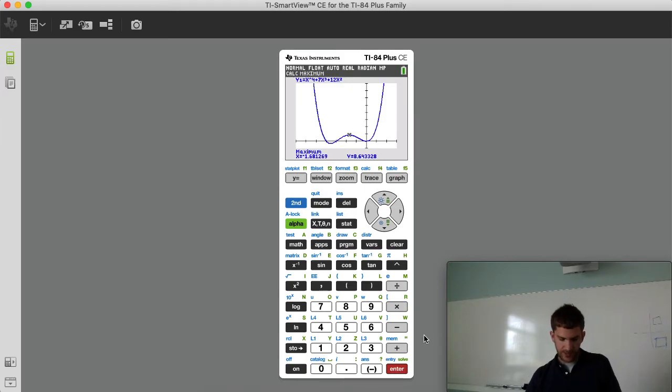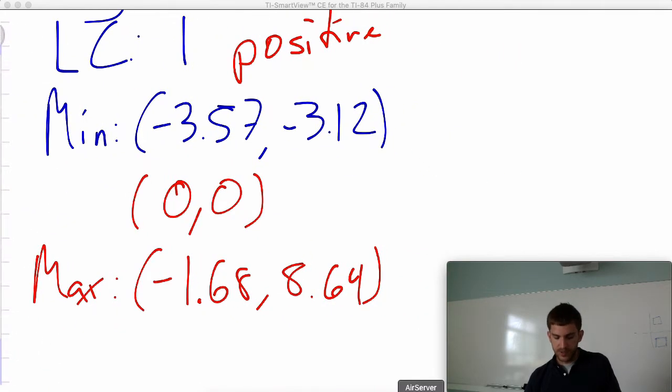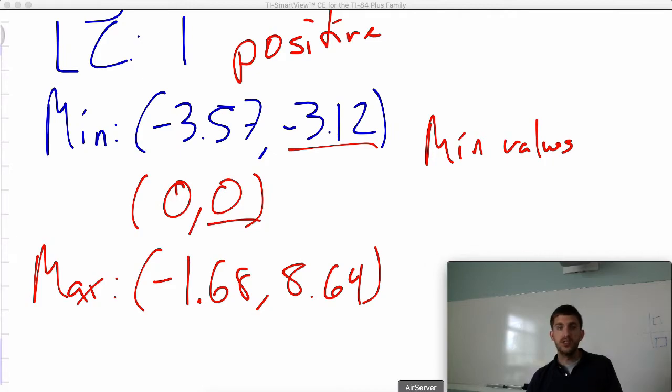Let's jot that down. Let me flip back to the notes. So we got maximum value at negative 1.68, and the maximum y value was at 8.64. Now, sometimes you'll be asked for min values. When you're talking about the minimum values, those are just the y values.